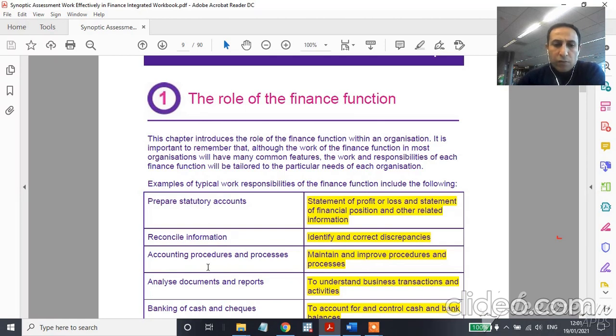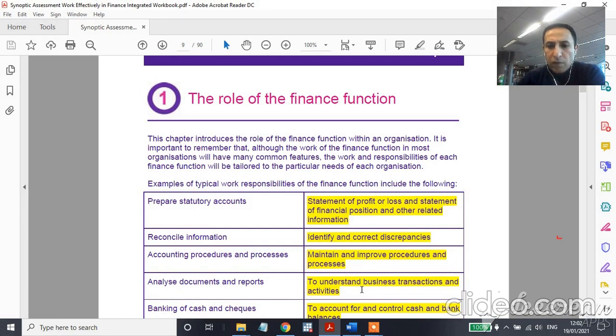The third one is accounting procedures and processes, which is maintaining and improving procedures and allowing the finance team to understand them. The next one is analyzing documents and reports.